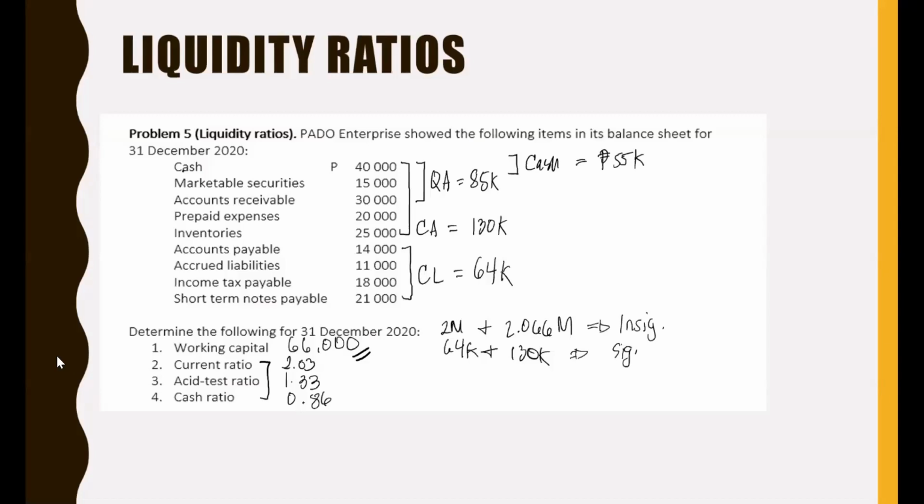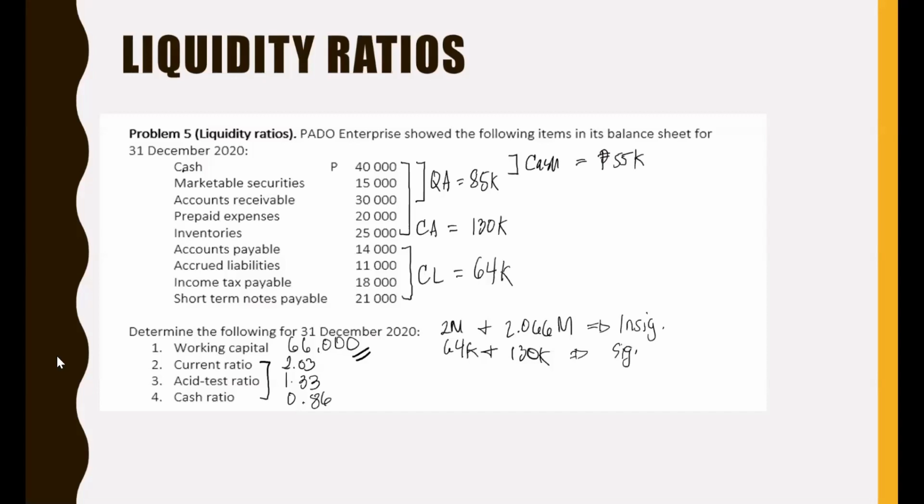Okay, so basically, the higher the liquidity ratio, the better. So we should have higher working capital, or higher current ratio, higher acid test ratio, or higher cash ratio, because it implies that the company has the ability to pay its short-term obligations when they come due.